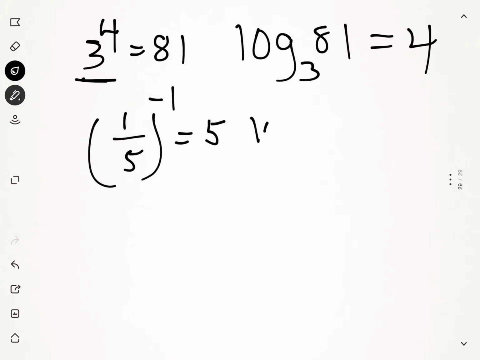So log base 1/5 of 5 equals minus 1. All right. So that's just converting between exponential and log and exponential. And you're basically writing the same thing over and over again in different forms.